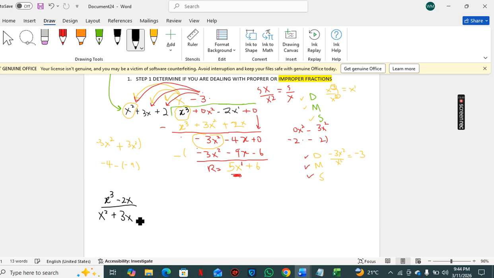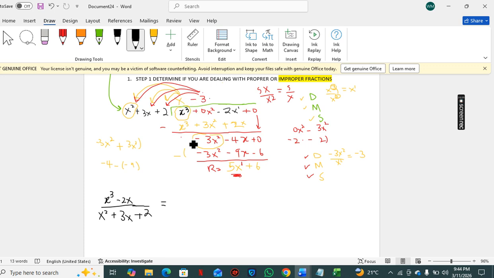Remember, as I said earlier on, partial fractions is like breaking down a fraction into smaller parts. So when you say equals, then you're going to put your quotient. Your quotient is the answer that you get when you divide the dividend by the divisor. Basically, this answer on top, that is your quotient.